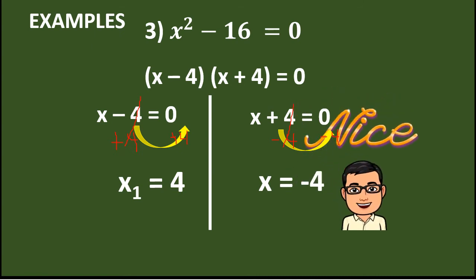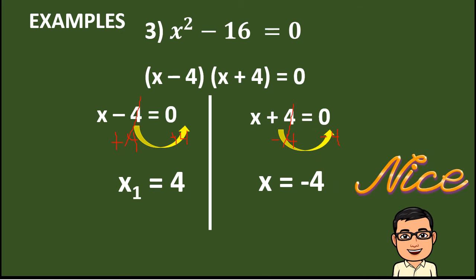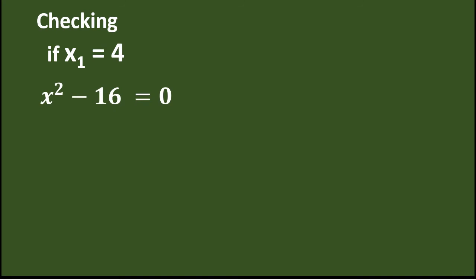Let us now use 4 and negative 4 in our checking. If x sub 1 is equals to 4, substitute in x squared minus 16 equals 0. So x will become positive 4.